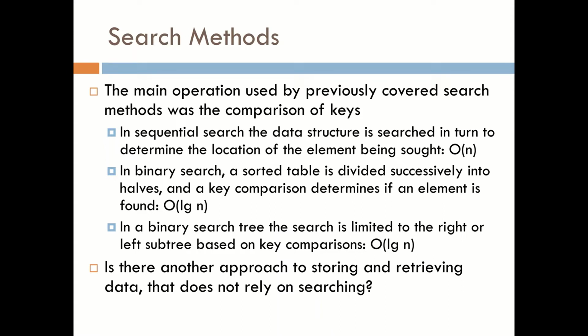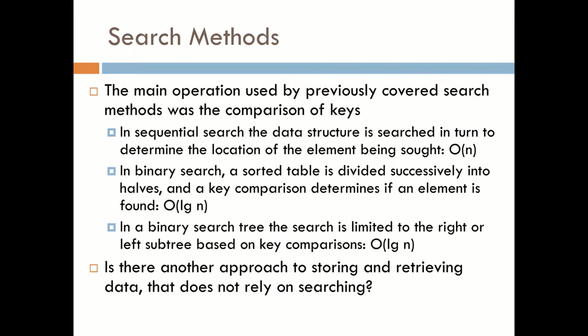So for instance, with a linked list or with an array, sequential search comes into play. And that requires on average that we go through at least half of the items to be able to find the location of a particular item.